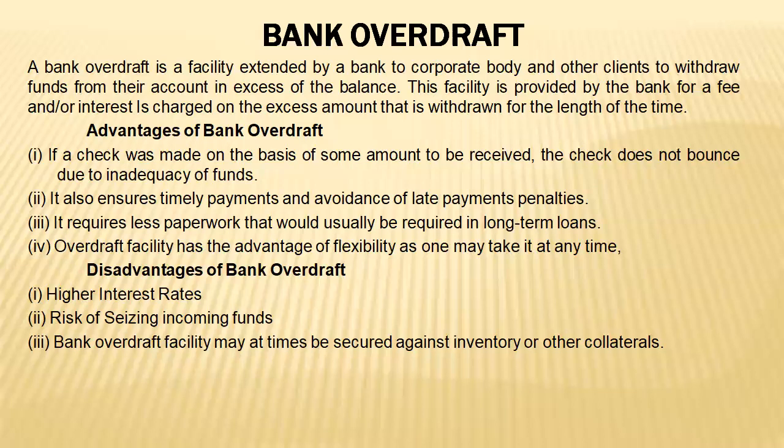So what they do is they give you an overdraft, and with time you pay back what you have borrowed. So it's a type of facility, a type of loan that is given. And don't forget, a bank overdraft is a short-term loan, so it is usually paid back within a month to less than a year. And of course, on such type of loans, you are going to pay interest.